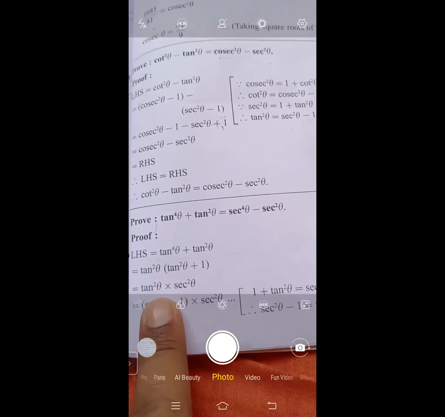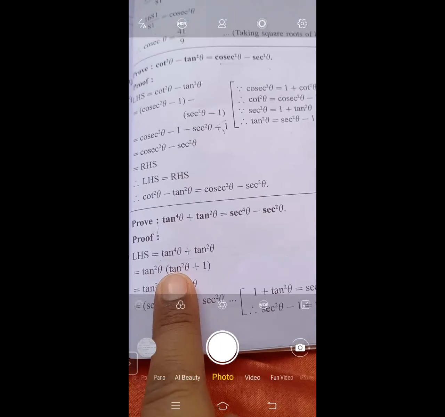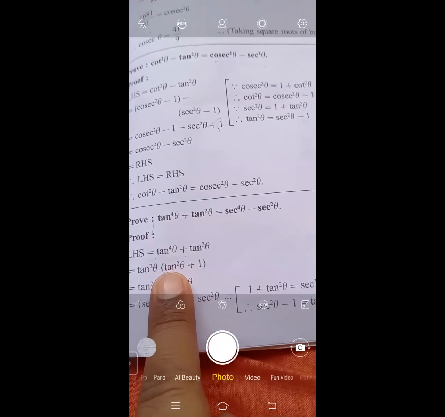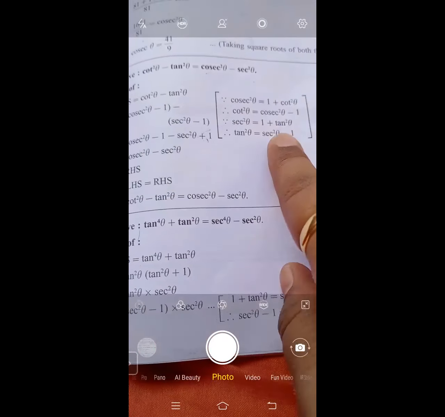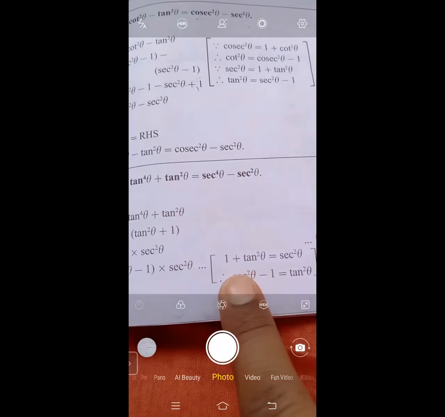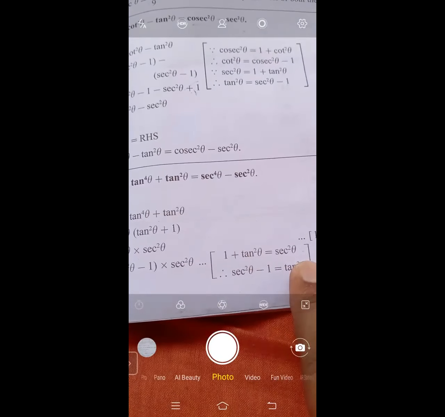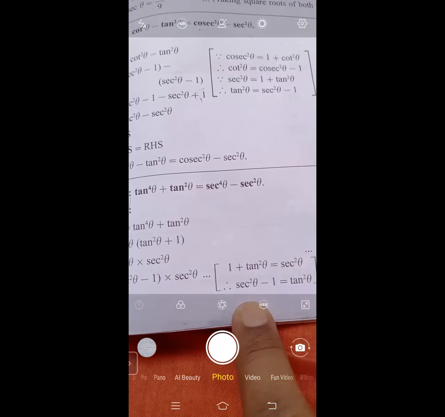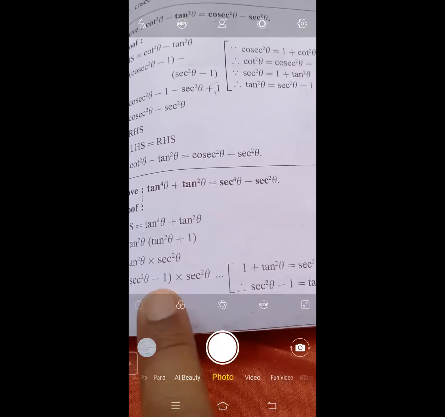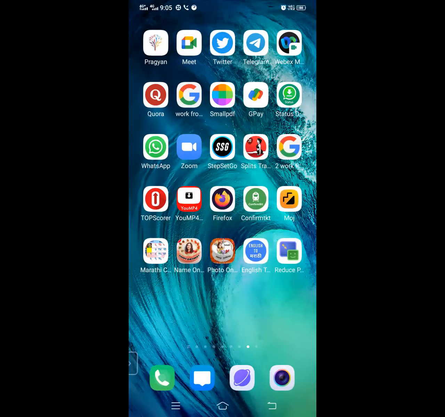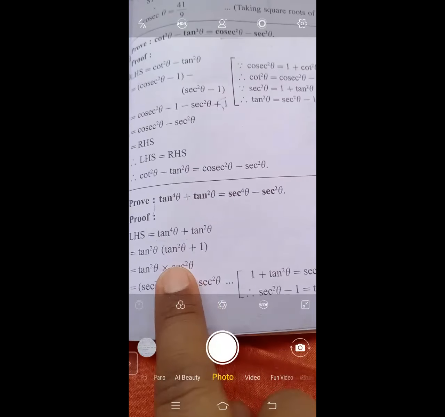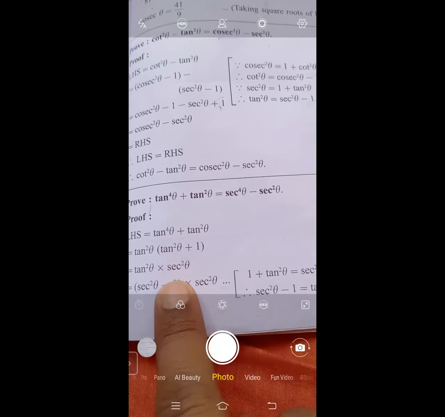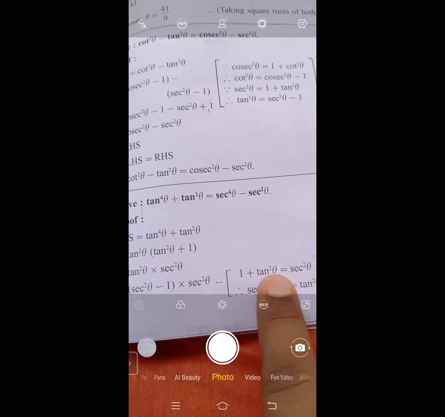Tan square theta into, now we have used one identity. You can see this identity mentioned over here also: 1 plus tan square theta equals sec square theta.